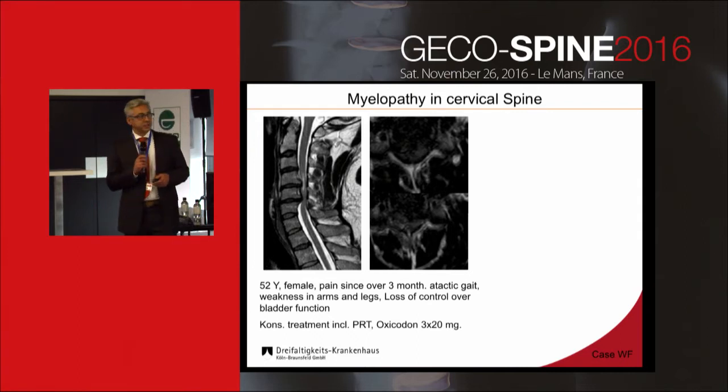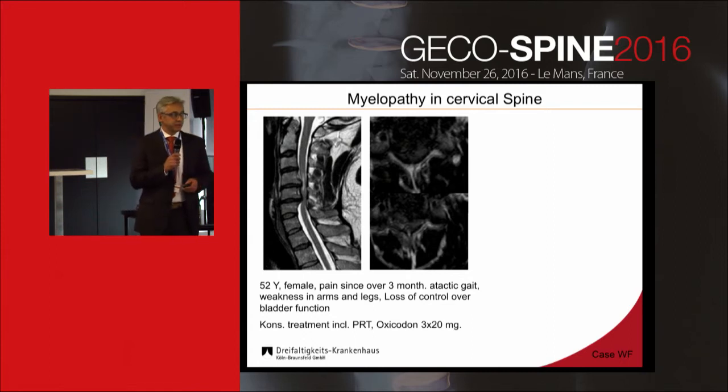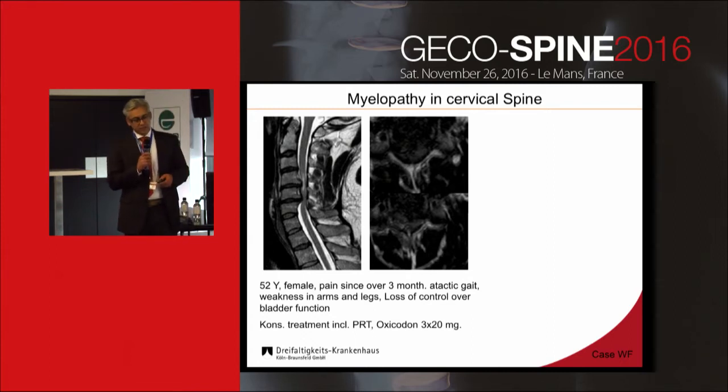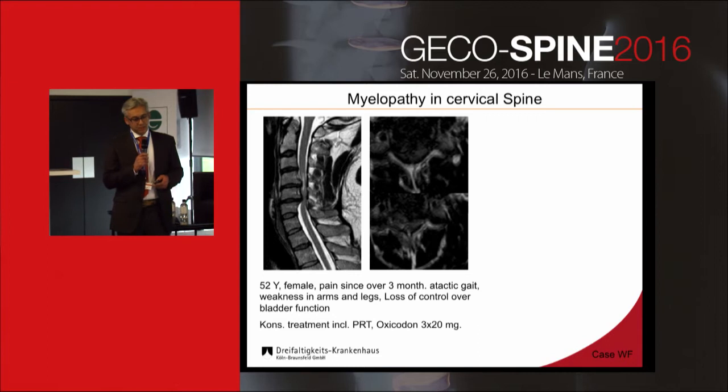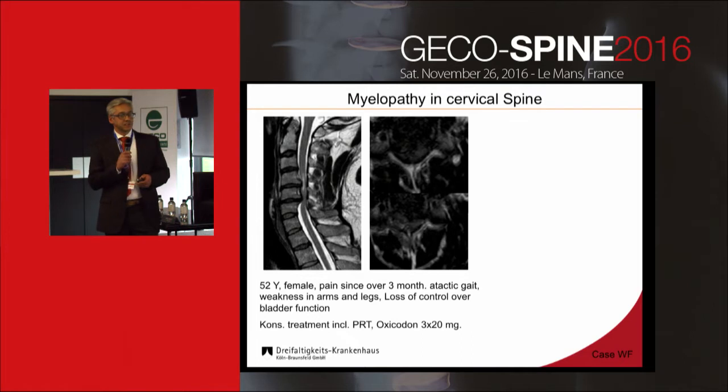This patient here, 52 years, female, pain since 3 months, atactic gait, weakness in the arms and legs, loss of control of the bladder function, and the conservative treatment was done, inclusive the injections under CT scan, and she's under oxycodone.